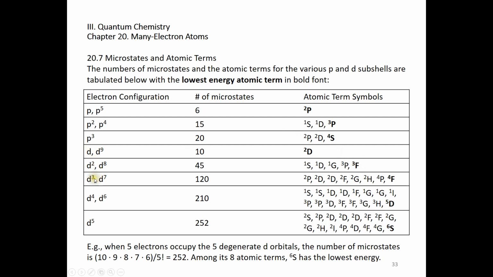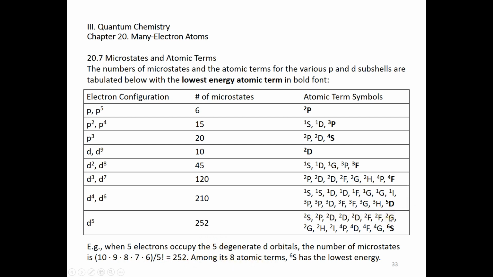Alright, so if we have 3 or 4 or 5 d electrons, it gets more complicated. It's doable, but really tedious. If we have 5 electrons occupying d orbitals, the number of microstates is 10 times 9 times 8 times 7 times 6 over 5 factorial. We have 252 microstates. And then we can make 8 atomic terms.